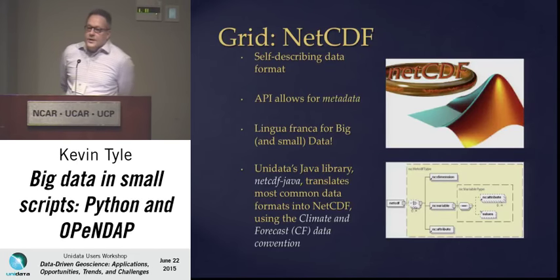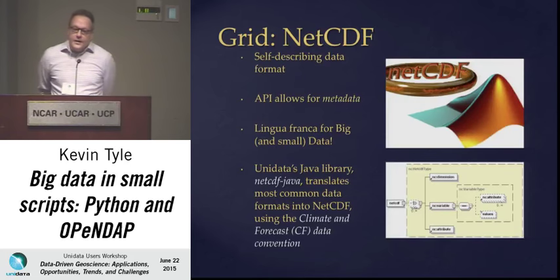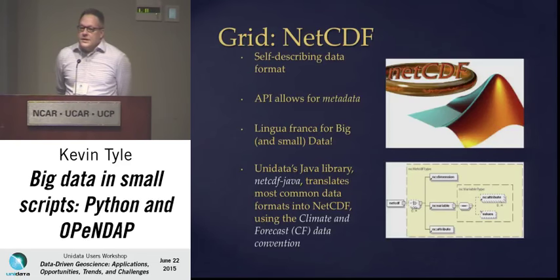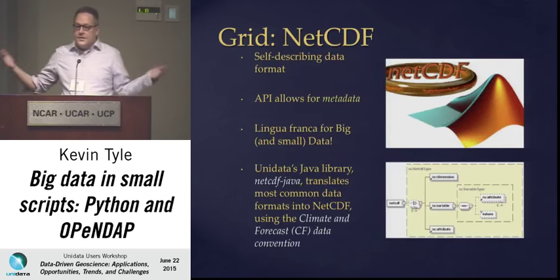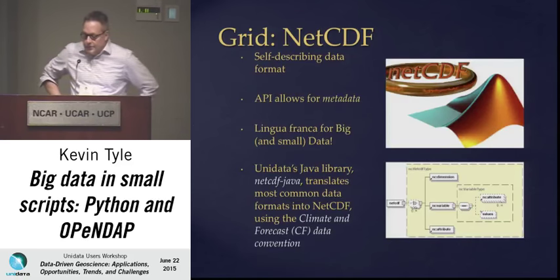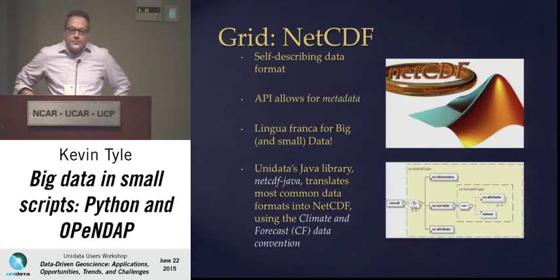The big advantage of NetCDF is that it is a self-describing format. Once you read in a NetCDF file, its metadata actually tells you everything about what's in the file, assuming that the person or entity or program that wrote those NetCDF files took the time to write in the metadata. And what Unidata has developed and enforced for many years is the Climate and Forecast data conventions.